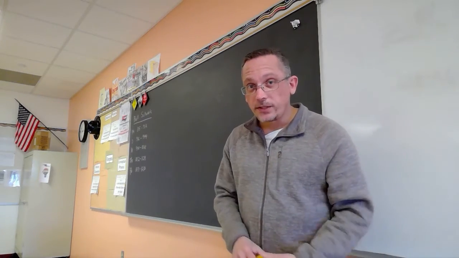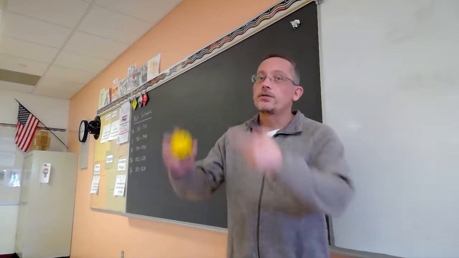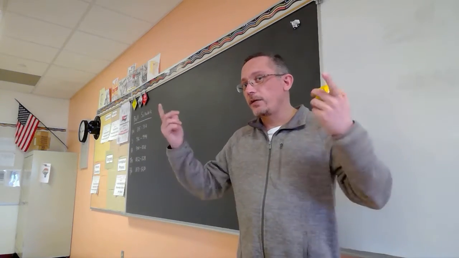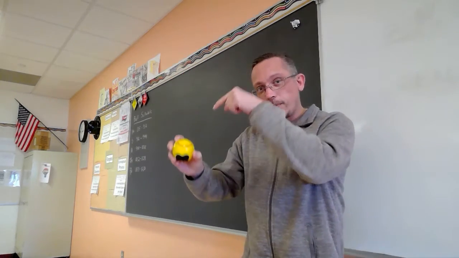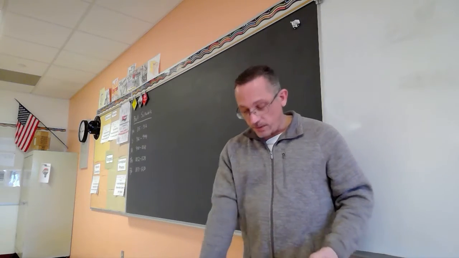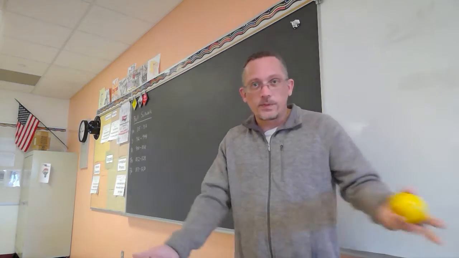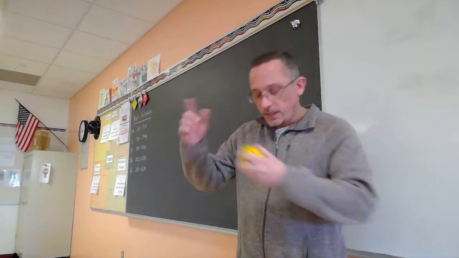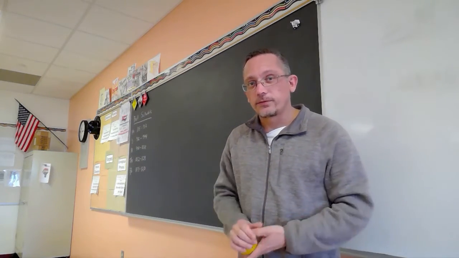So its kinetic energy is increasing. As the potential energy decreases, the kinetic energy increases, right? So that potential energy is becoming kinetic energy. When it reaches the ground, it's now at height 0. It no longer has potential energy. All of the potential energy has become kinetic energy, right?